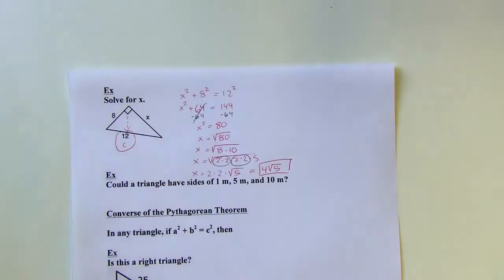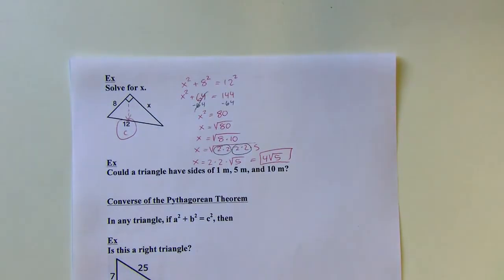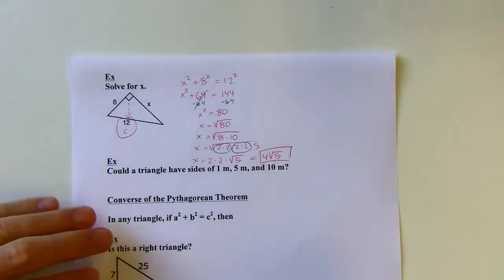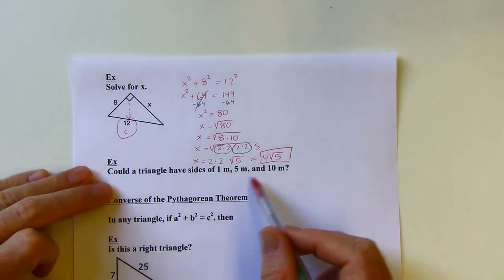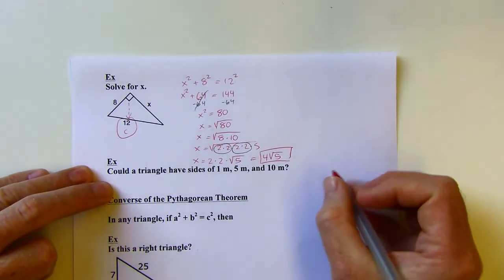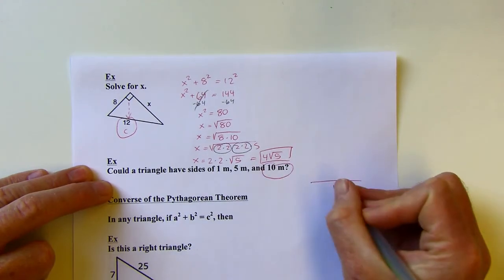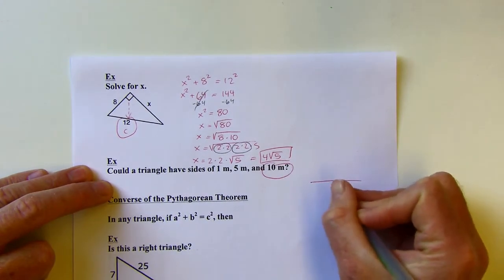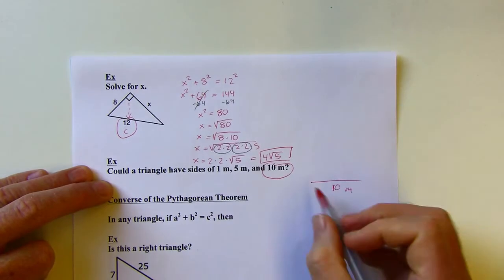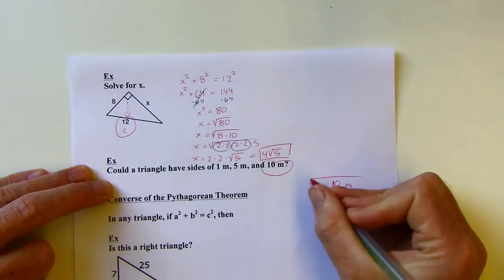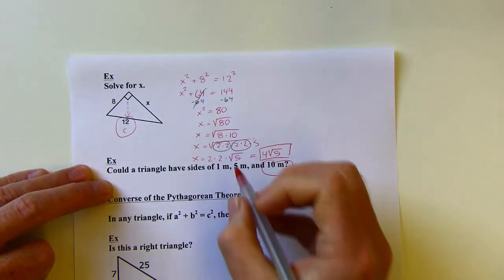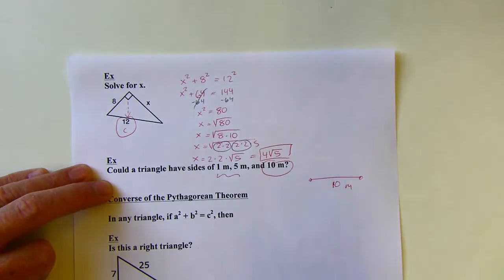All right. So here's a throwback problem. Could a triangle have sides of 1 meter, 5 meters, and 10 meters? Well, if you remember back a couple chapters ago, if you take the largest side, so let's say that this is 10 meters, and let's pretend this is a river, okay? And we want to cross it, we want to build a bridge, and we're going to use the 2 smaller parts to try to build the bridge.